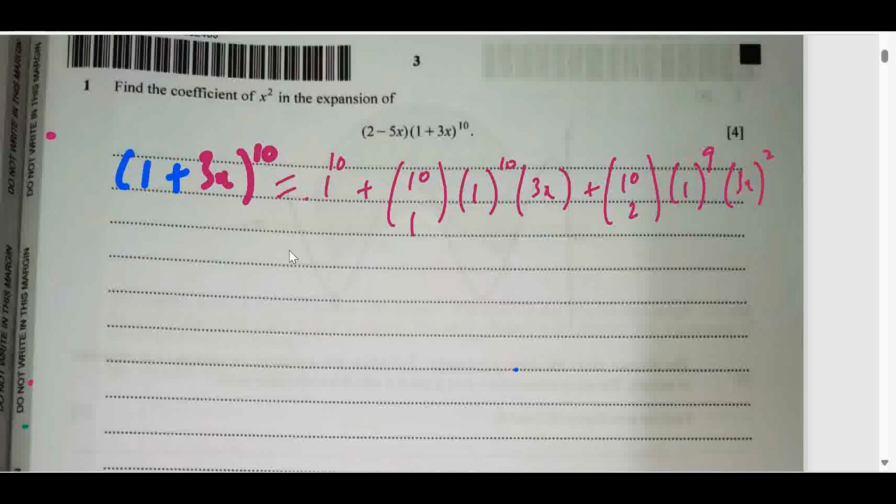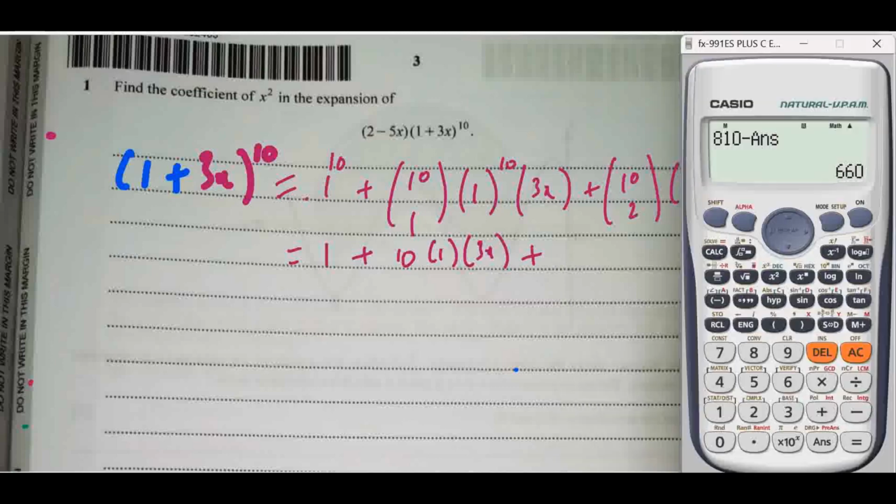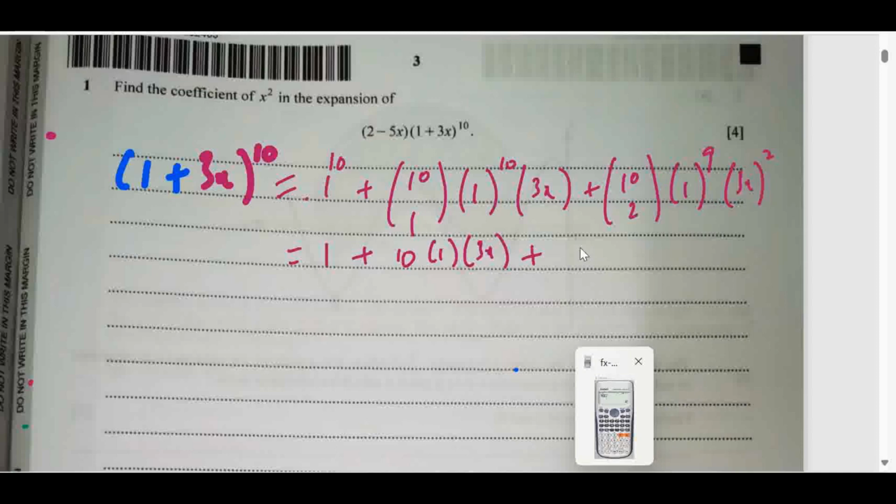Now if we simplify, 1 plus 10C1 is 10 into 1 into 3x, plus 10C2 is 45, so 45 into 1 into 9x square.